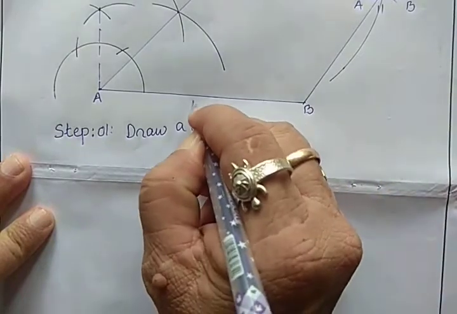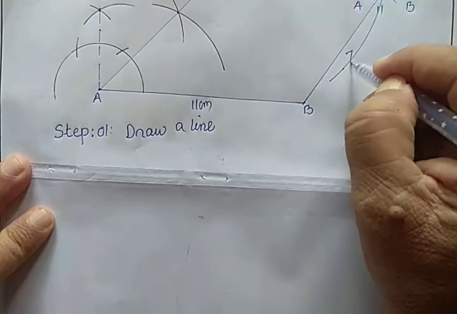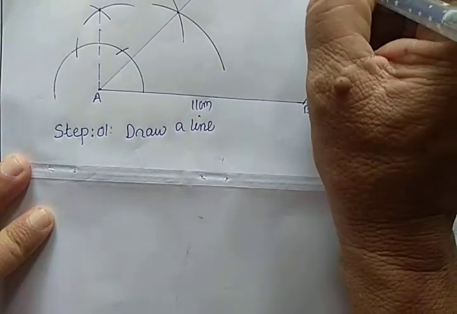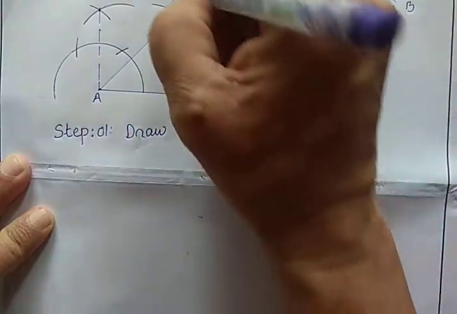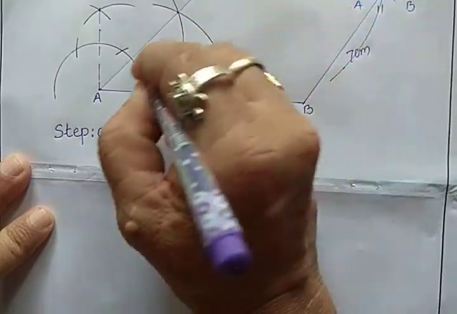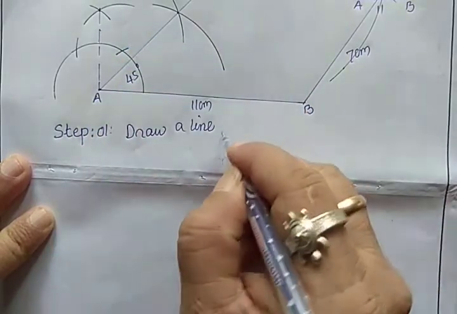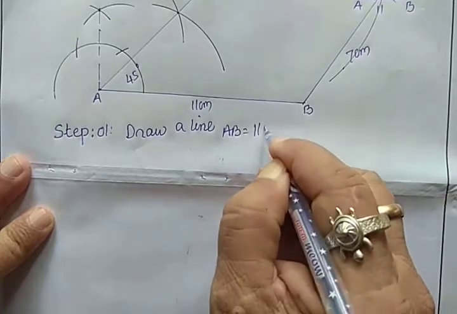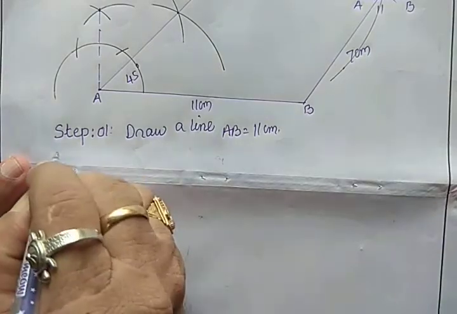AB 11 centimeters, BC 7 centimeters, CD 8 centimeters, and next AD 10 centimeters, and this angle 45 degrees. So draw a line AB is equal to 11 centimeters. Now step 2.